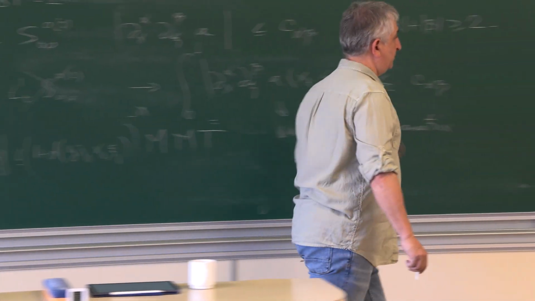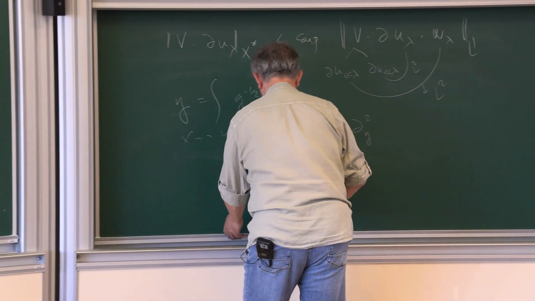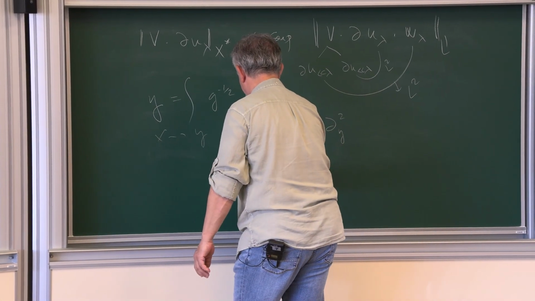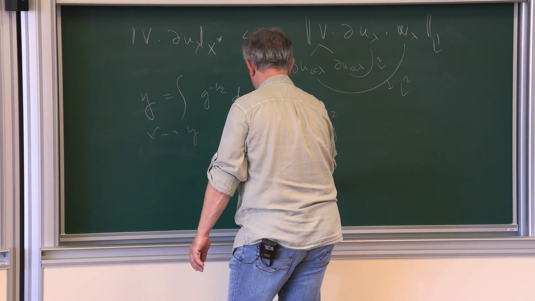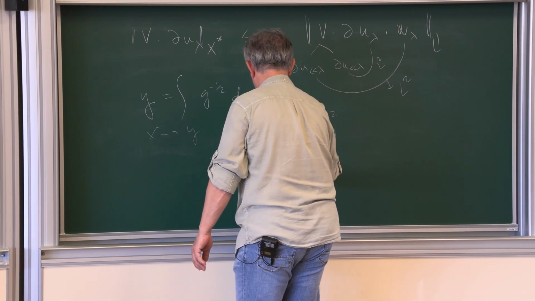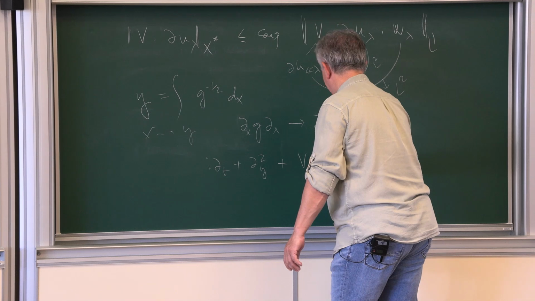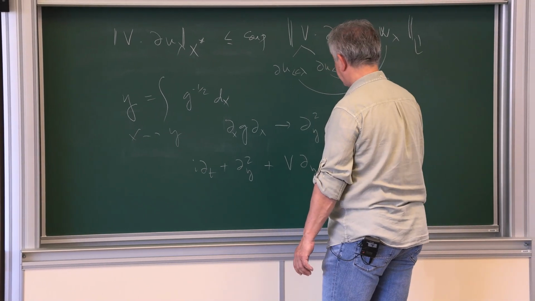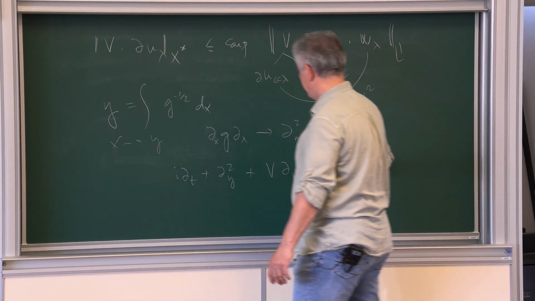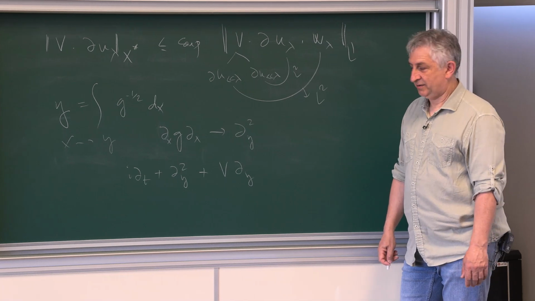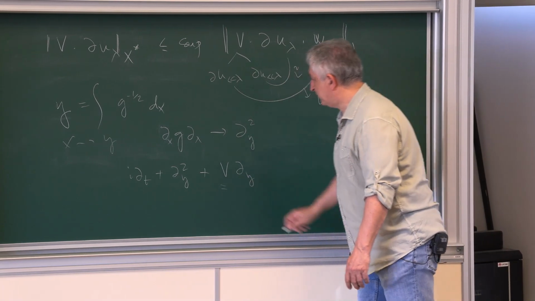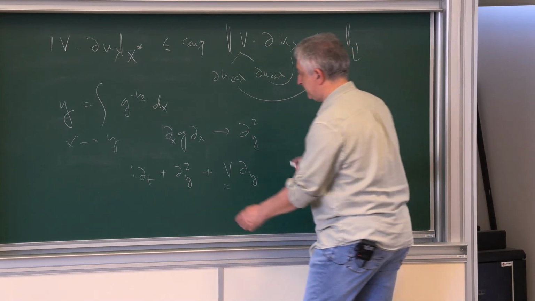So our equation there turns into i dt plus dy squared plus some potential dy. That would be the idea. And what is this potential? It has two components.